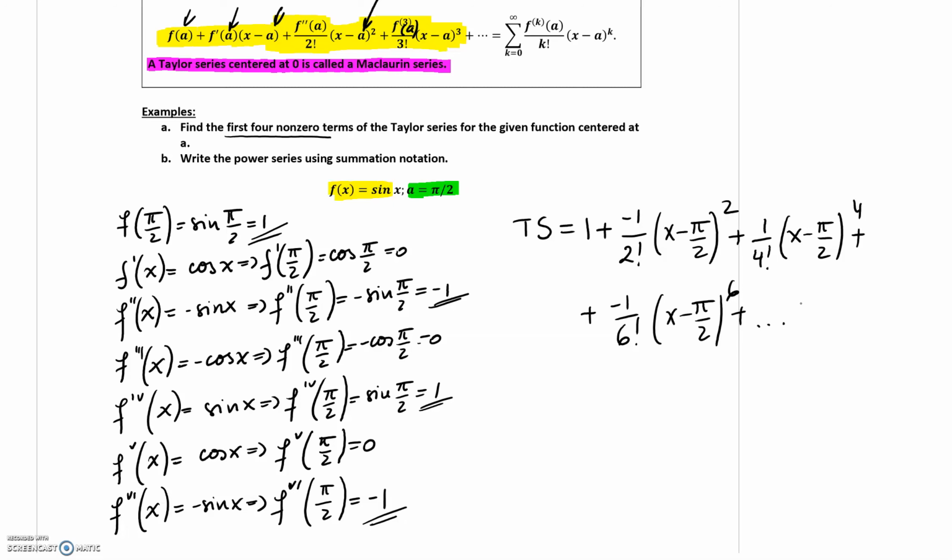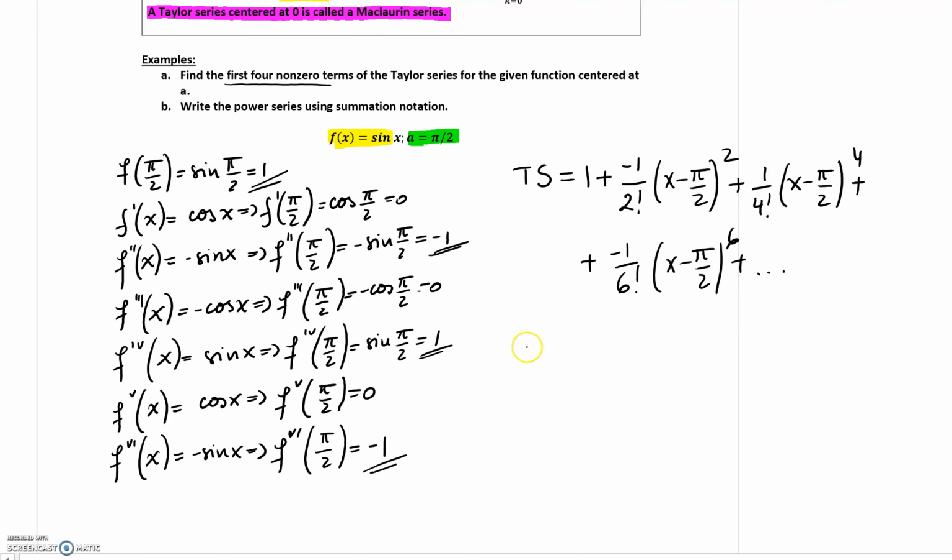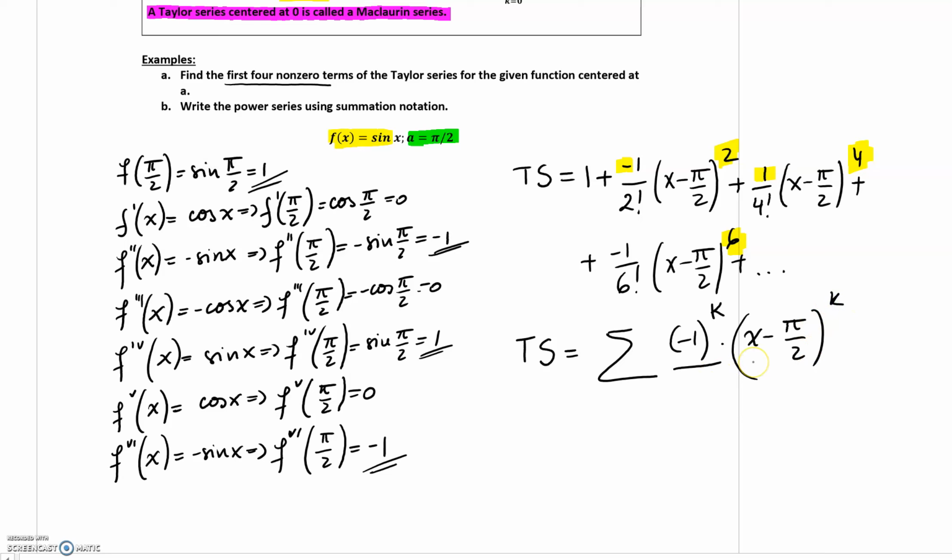Now write the power series using summation notation, so I can actually write the Taylor series. It's equal to the sum, so I have to try to make a connection, 1, 4, 6, I also have minus, plus, so it's alternating, negative 1 to the k, times x minus pi over 2 to the 2k, over, so I have 2 factorial, 4 factorial, 6 factorial.